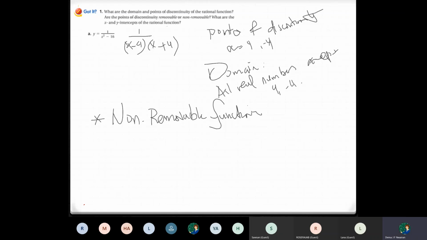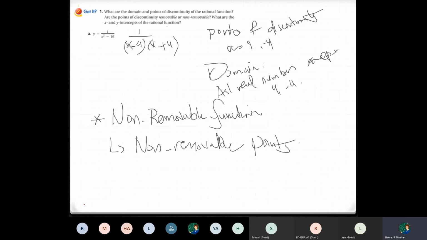Because I cannot simplify the function, the numerator with the denominator. Since it is a non-removable function, the points will be non-removable points.